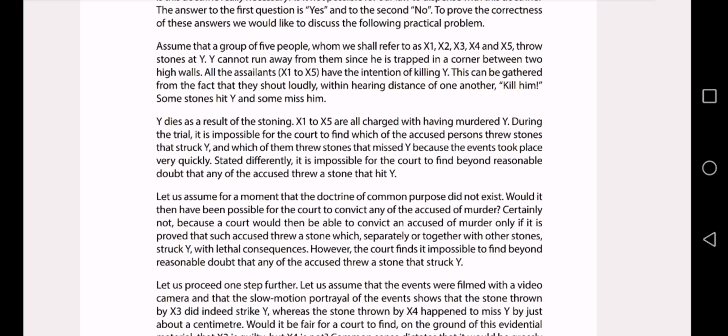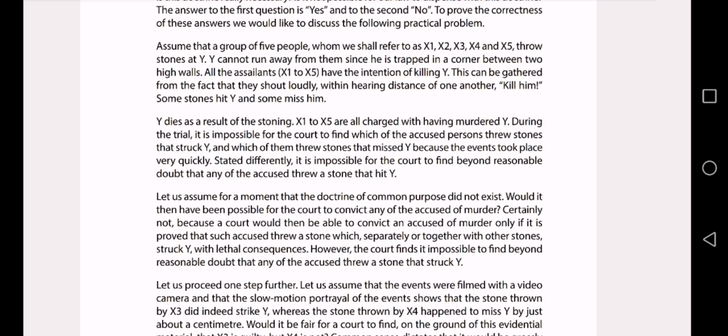All the assailants, X1 to X5, have the intention to kill Y. This can be gathered from the fact that they shout loudly within hearing distance of one another: "Kill him." Some stones hit Y and some miss him. Y dies as a result of the stoning.